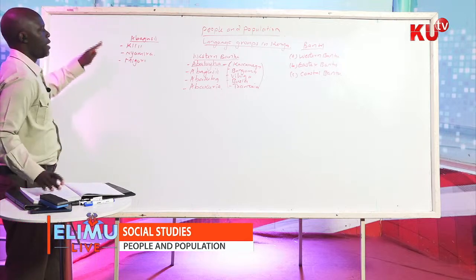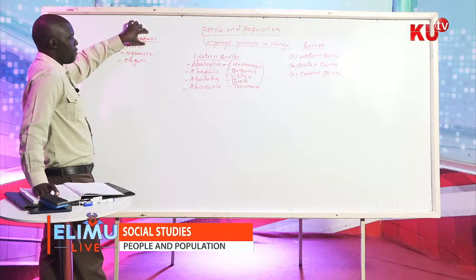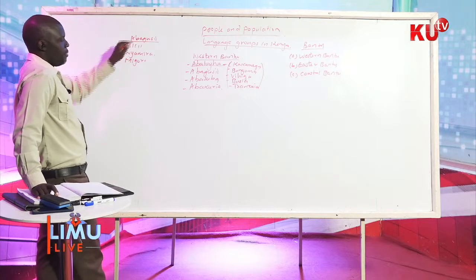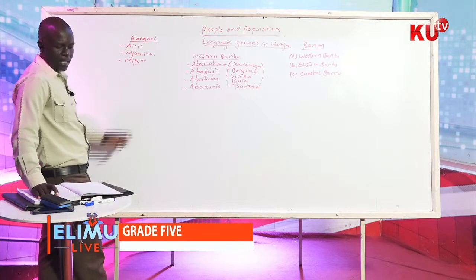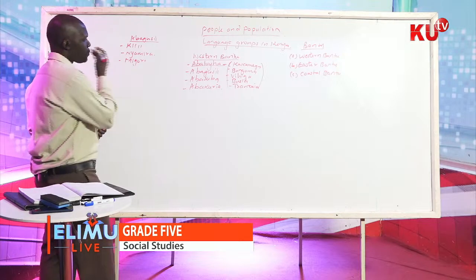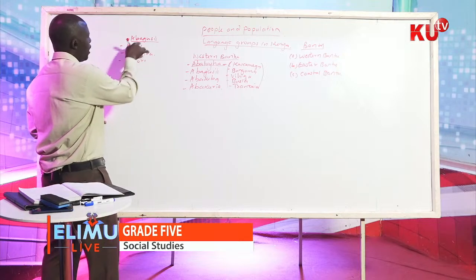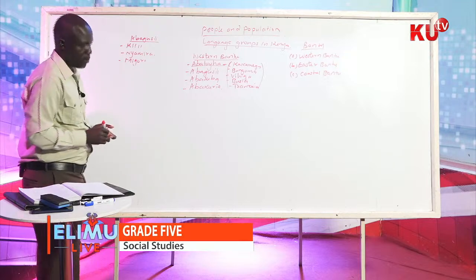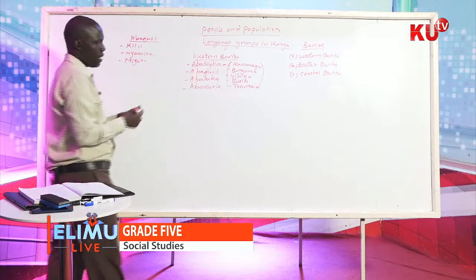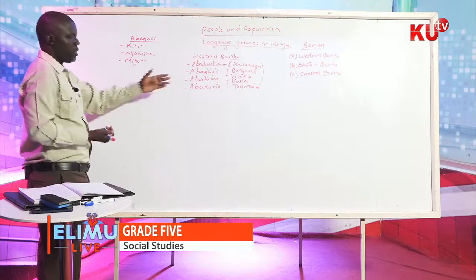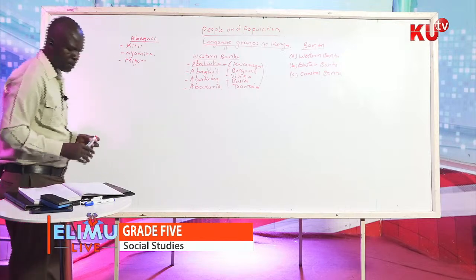So the main counties where the Abagusi people are found are Kisii and Nyamira, but a few are also living in Migori County. So the Abagusi are also sub-tribes of the Western Bantus, and they make up the Western Bantu together with the Abaluya.